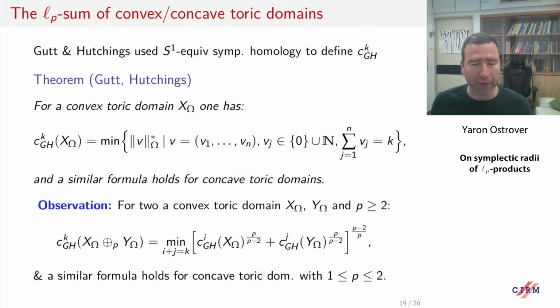Convex domains for which the answer is known for the volume capacity conjecture: there are some classes, but usually they require some sort of symmetries, like S1 symmetry. But other than some very special cases, the general question is still open.